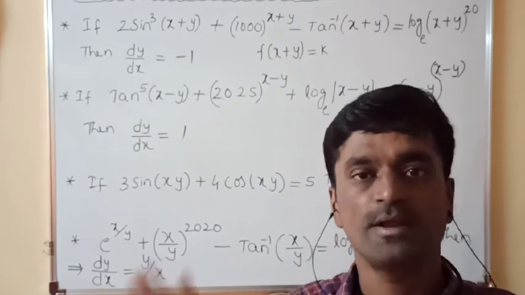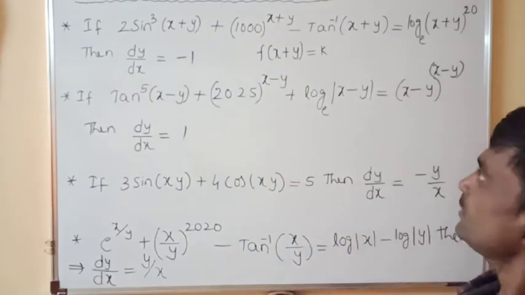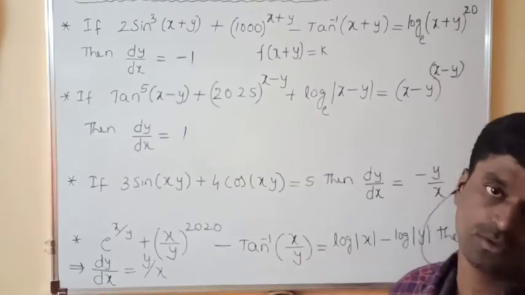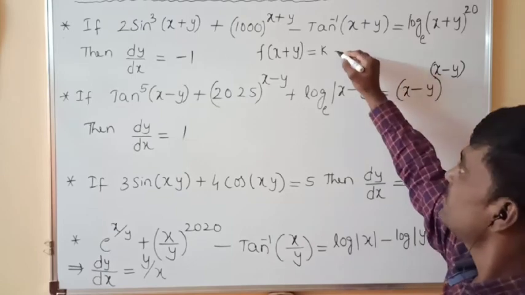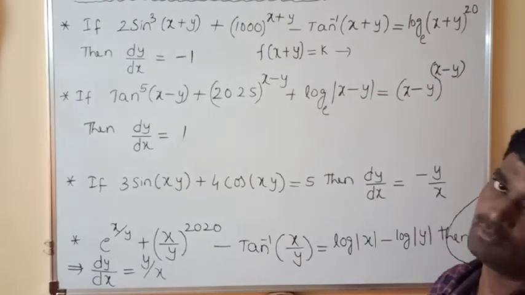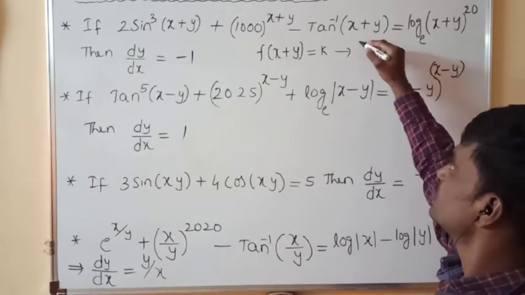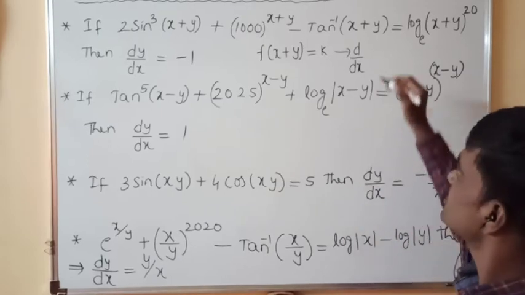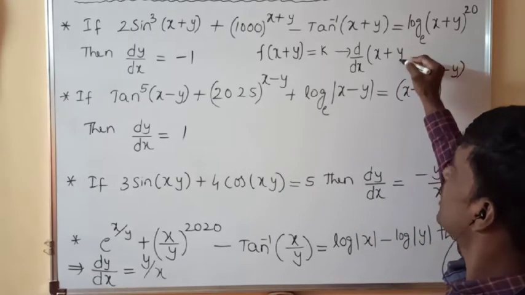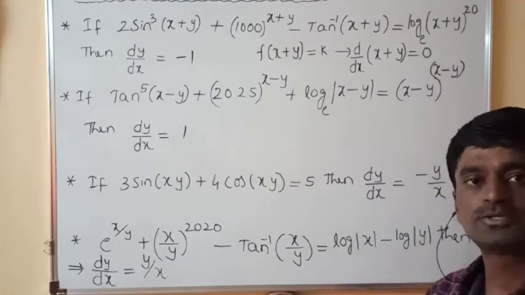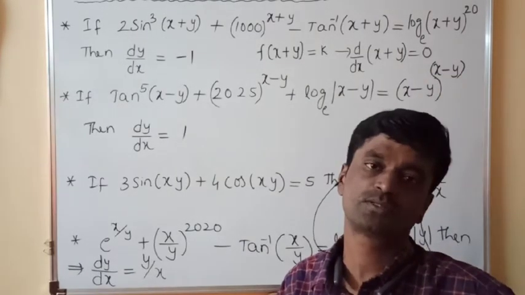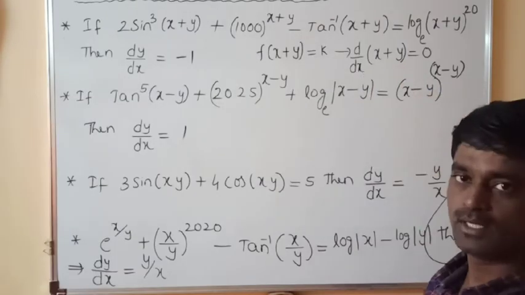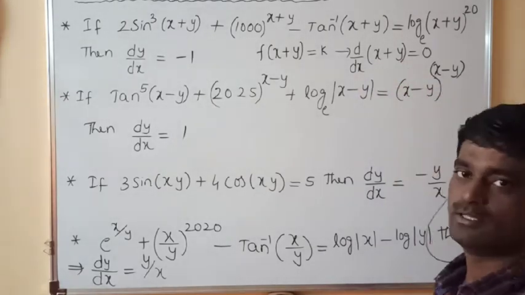If the given equation is of the form function of x plus y equals constant, then to get dy by dx, just solve d by dx of x plus y equals 0. What will you get? d by dx of x is 1 plus d by dx of y is dy by dx.